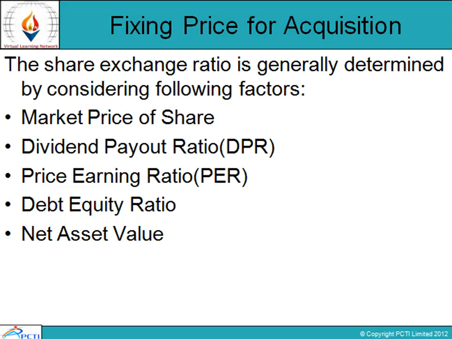When we say net asset value, NAV, the NAV of two companies can be compared, as companies with lower net asset value have greater chances of being pushed into liquidation.